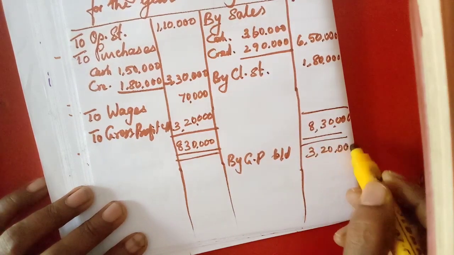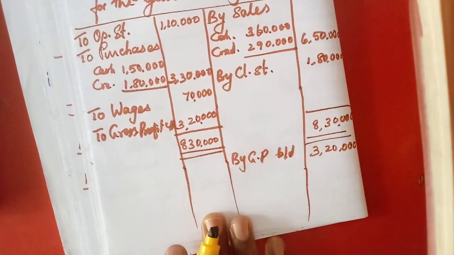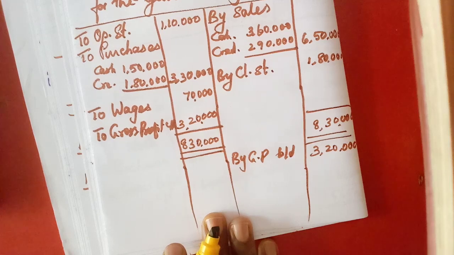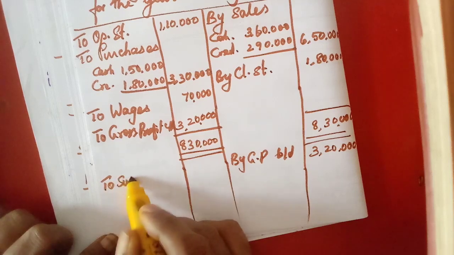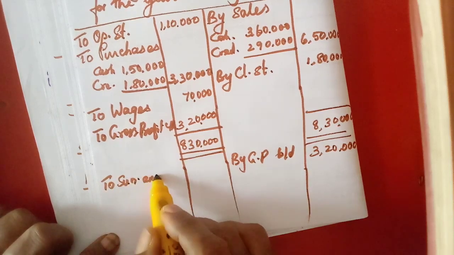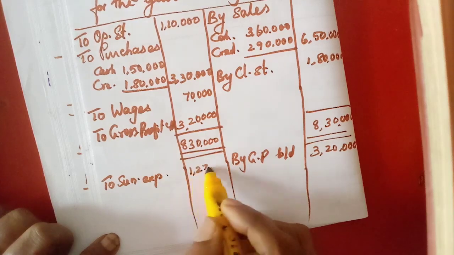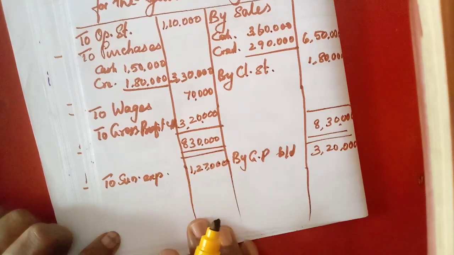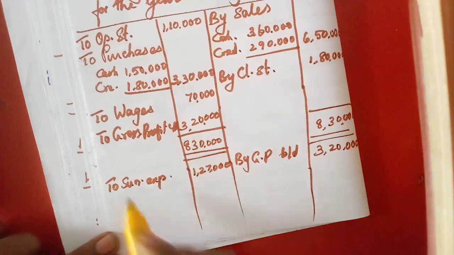3,20,000. Now, on the payment side in the cash book you should see what other expenses are available. We have written wages. Now sundry expenses are available, 1,27,000. Then in the other information, nothing. In the additional information, the last item, depreciation.